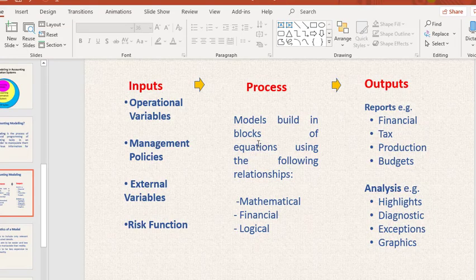Okay, then process. So input: you can see in our previous example, in that particular model we had only 3 inputs: cost of the asset, scrap value, and useful life. And process: models are built in blocks of equations. Now actually if you go to a manufacturing plant, there's a production process which is visible.